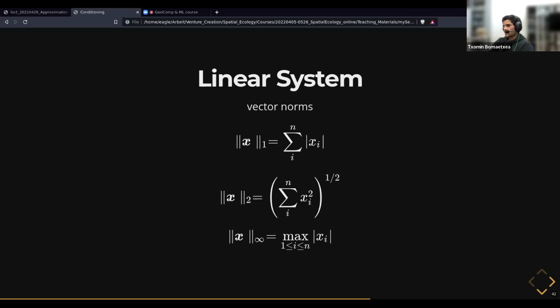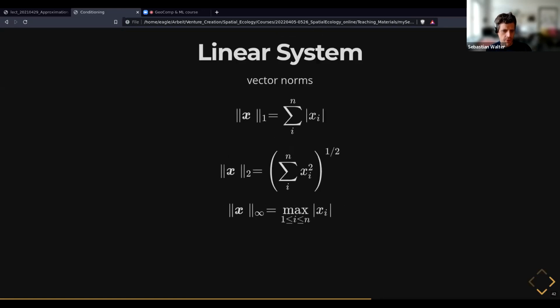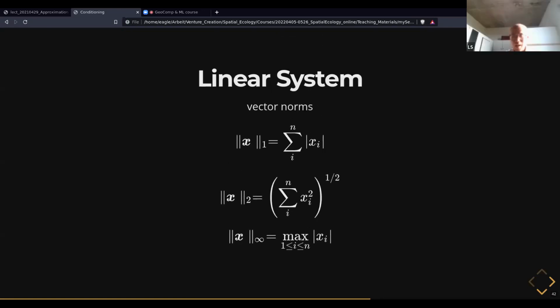No, you're right. So the norm 1 is just the sum of the 2 components? Yeah, the first one is just 1. It's 0.5 plus 0.5. And the other one is square root of 0.5. Yes, okay. So I think you all got it.